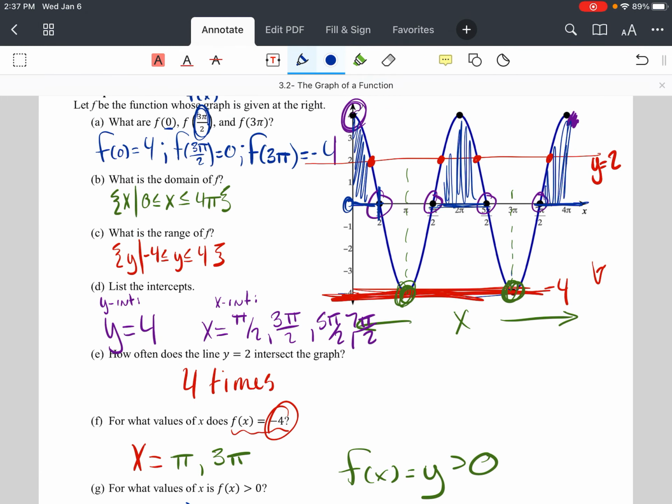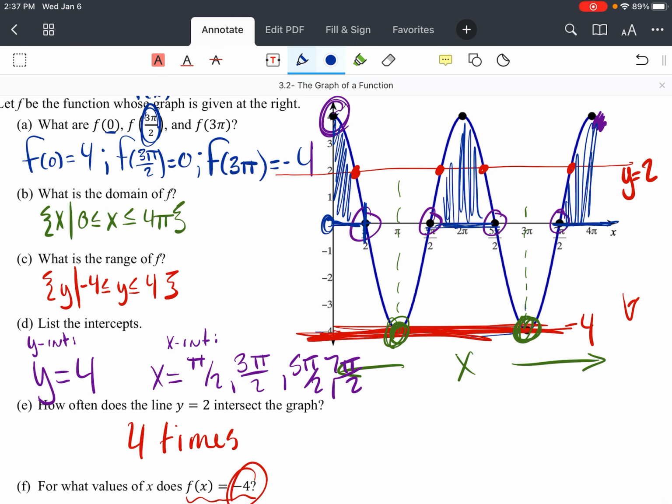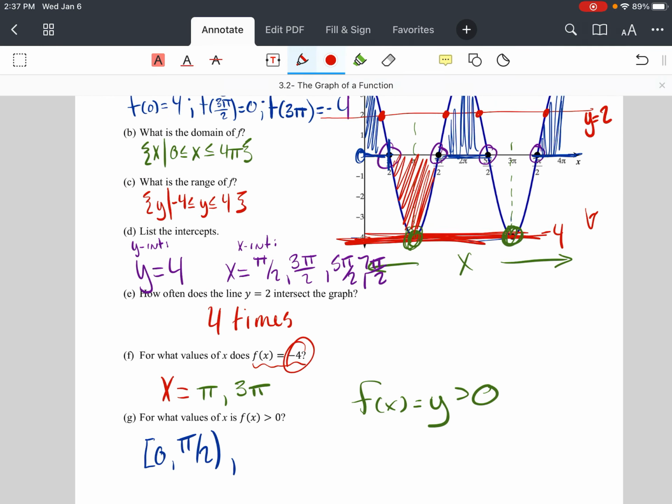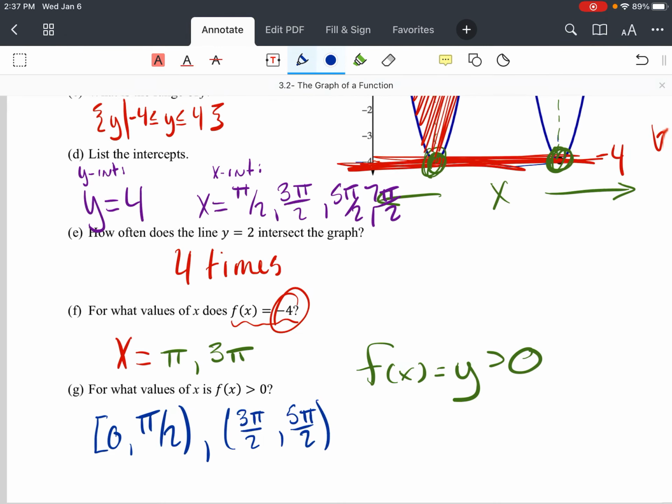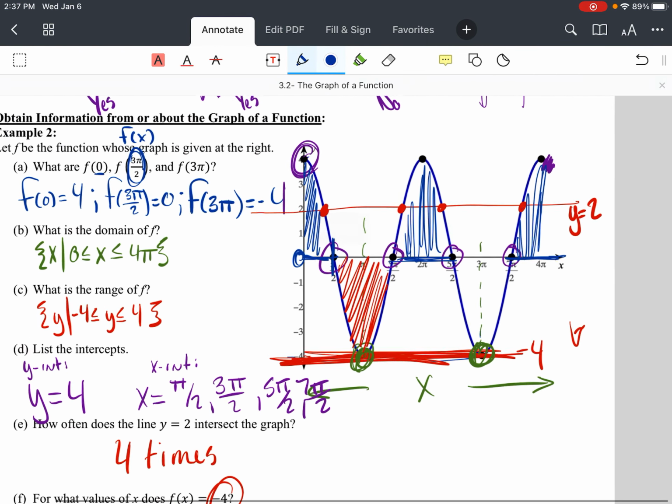Then it goes below the x-axis, so f of x is no longer above 0. And then from 3 pi over 2 to 5 pi over 2, it again goes above the x-axis. So again, I'm going to say 3 pi over 2, comma, 5 pi over 2. Okay, so again, this is another point where it goes above the x-axis.